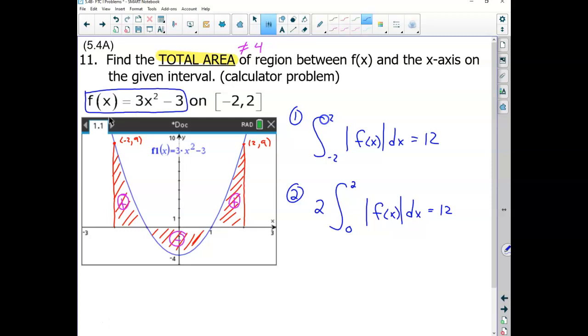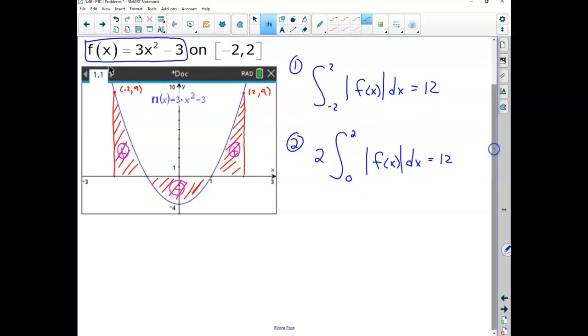There's all kinds of ways I can do this. Well, what can I do? That's the question for you, but here's another option, okay? What happens if I took 2 times my integral from 1 to 2 of f of x dx, because I know this part here is a positive area, and this part's a positive, and they're symmetric.